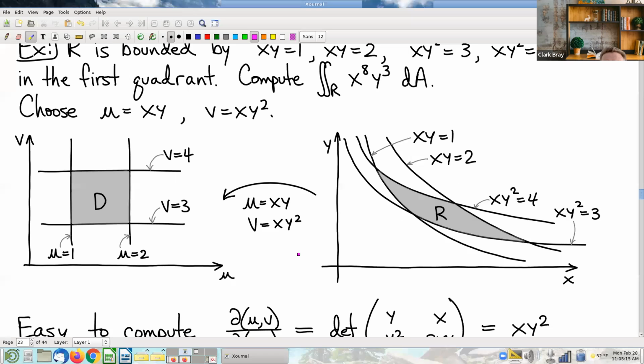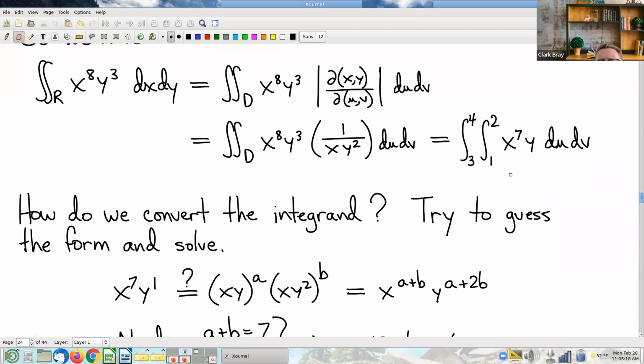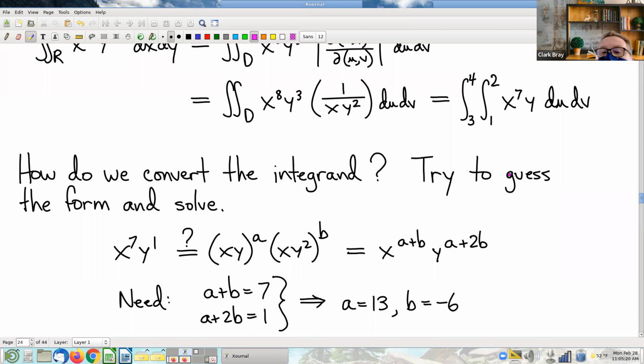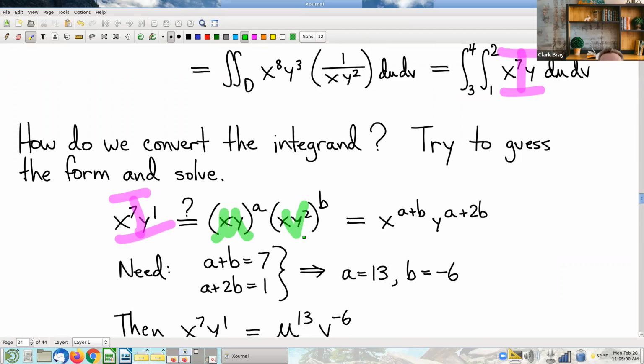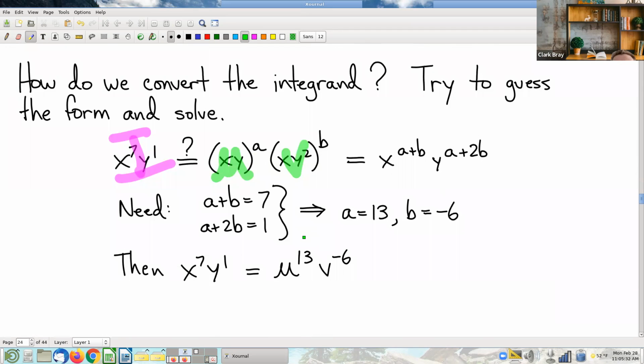So there is a way around this, and that is that sometimes the integrand that you're interested in can be fairly clearly related to the u and the v that you've chosen. And it doesn't always work, but here, notice that my integrand is a product of powers of x and y.